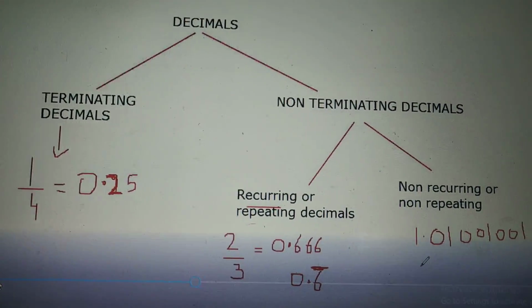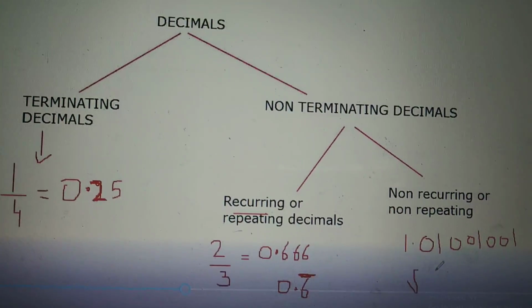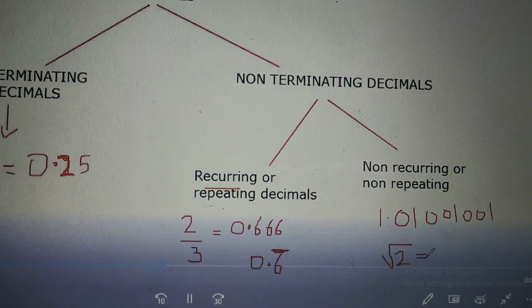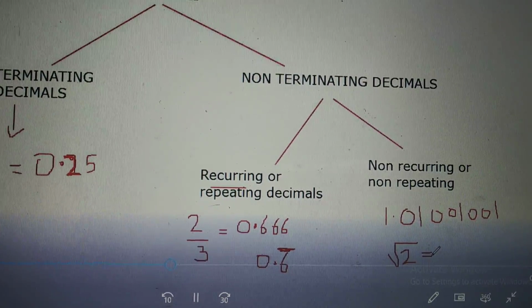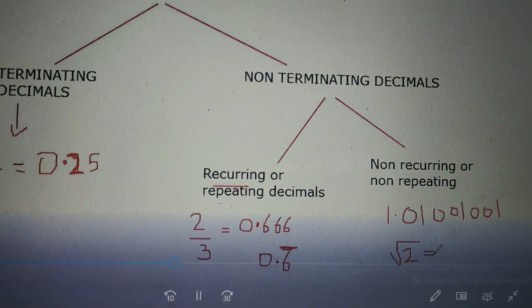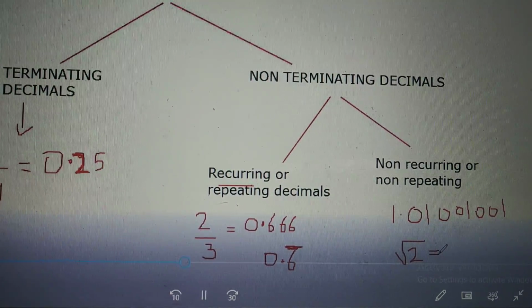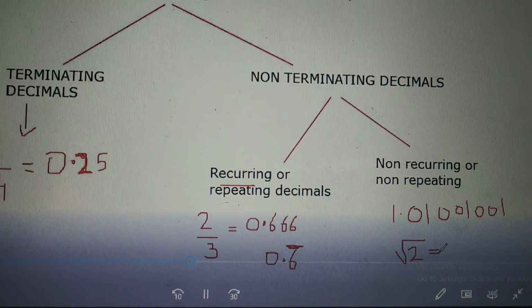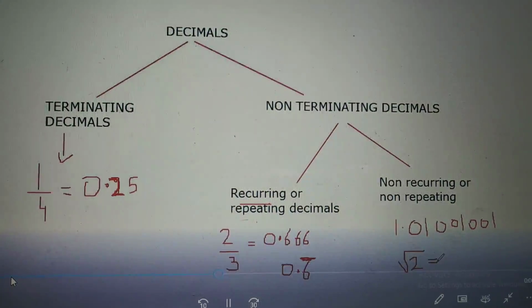Usually these types of numbers are also called irrational numbers because they are not in the form of p by q. For example, if I take root 2, the value of root 2 is non-recurring or non-repeating. It doesn't get ended anywhere. It doesn't get terminated anywhere. It goes on and doesn't even repeat itself. So those numbers are called non-terminating, non-recurring decimals.